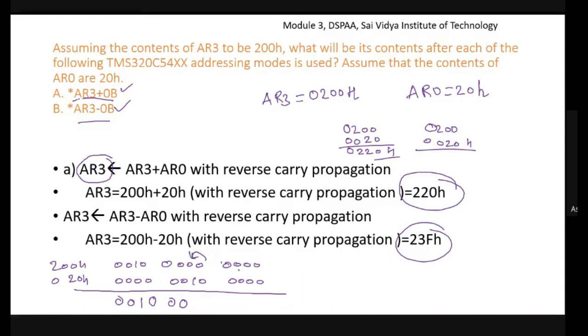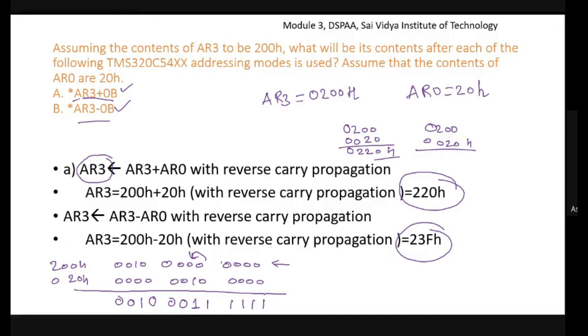Take a borrow from these bits. Since it is binary subtraction, this becomes 2. 2 minus 1 is 1. Since we have taken a borrow from somewhere here, these numbers will immediately become 1, 1, 1, 1, 1.